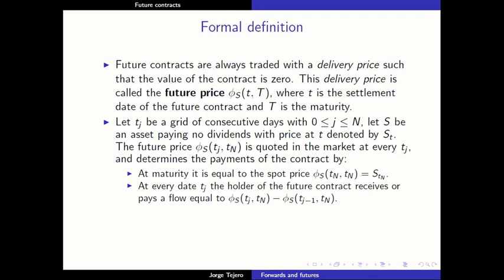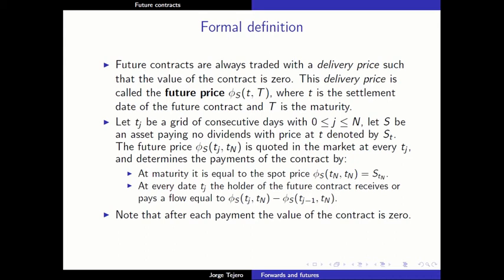And the other condition is that the changes in value determine the payoffs of the future contracts. So at a date Tj, we will see a payoff in our contract which will be equal to the increment of the future price between the day in which the payment takes place and the previous day.